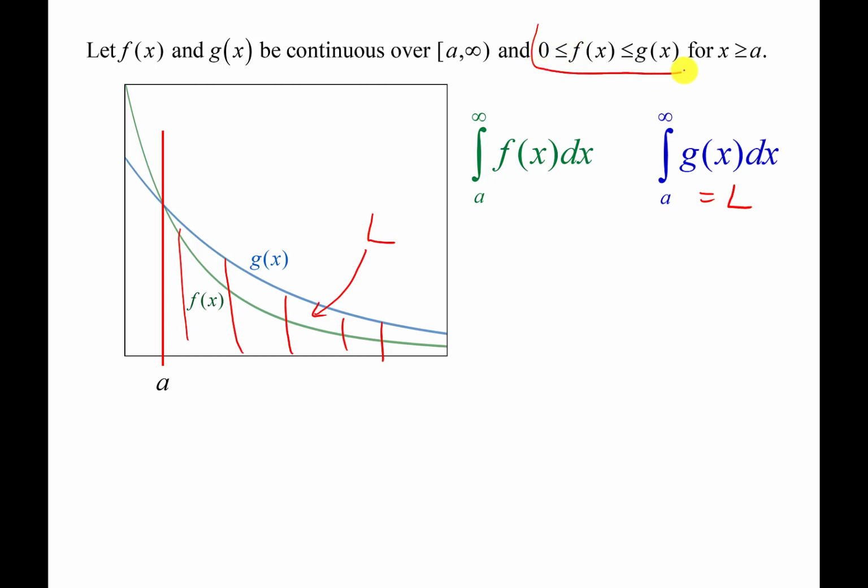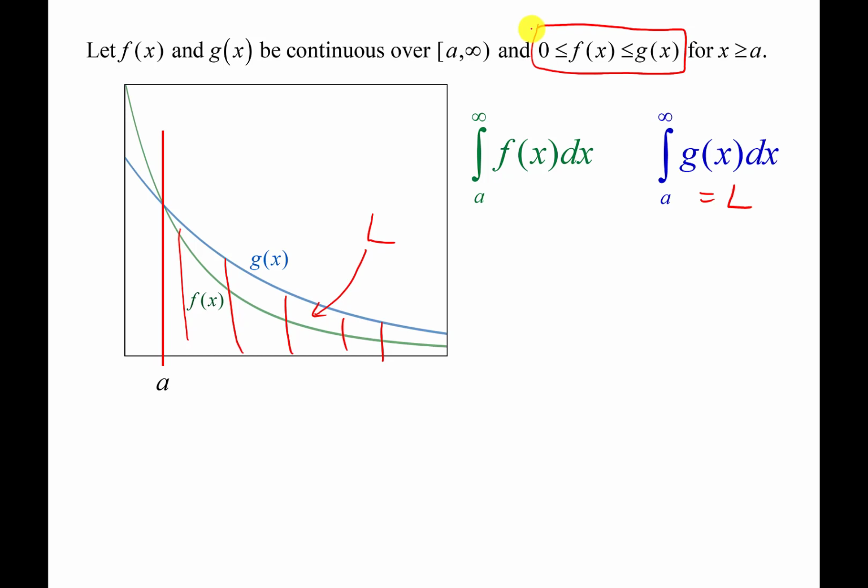We still know that f of x is always less than or equal to g of x. So if the area under the curve from a to infinity for g of x equals L, we know that the area under the curve for f of x integrating over the same interval would have to be less than or equal to L.